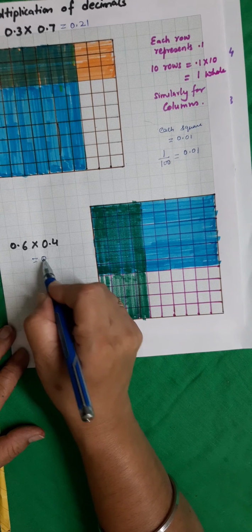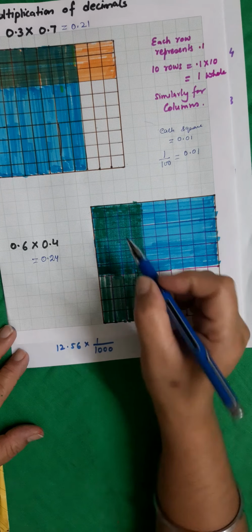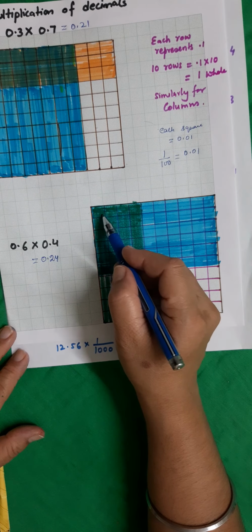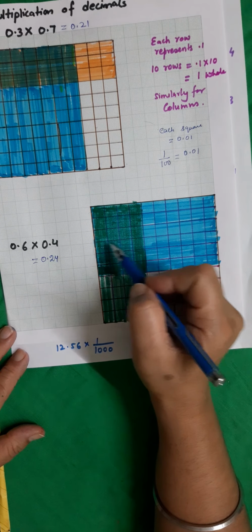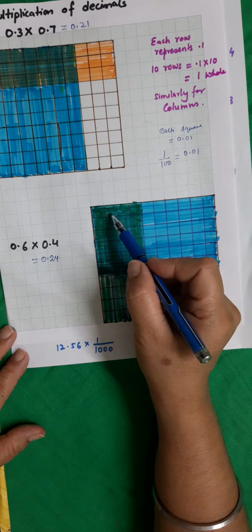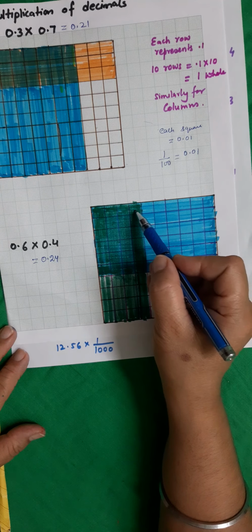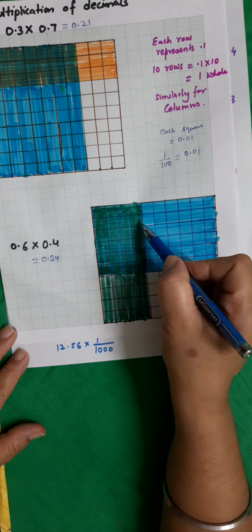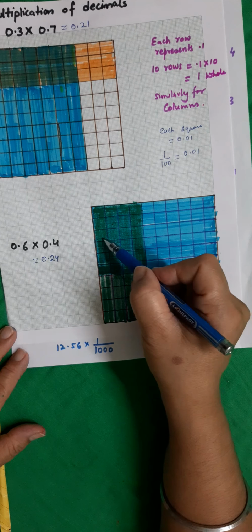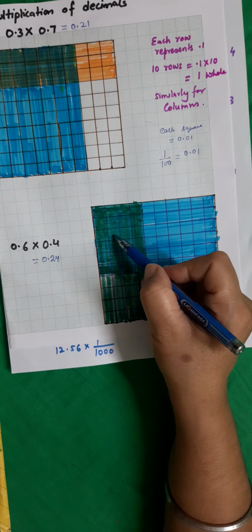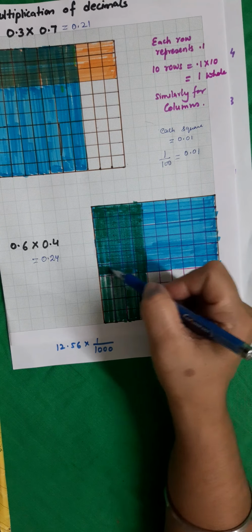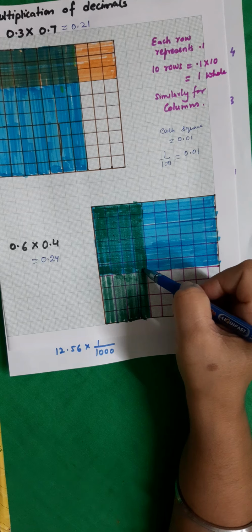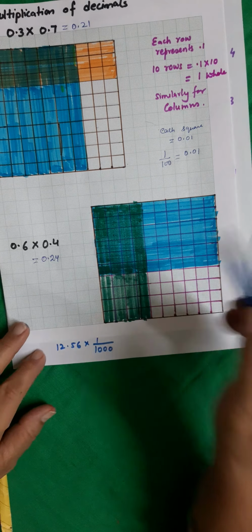This is going to be 0.24 because I told you one small box represents 0.01. So when you start counting 0.01, 0.02, 0.03, 0.04, and so on, it ends at 0.24.